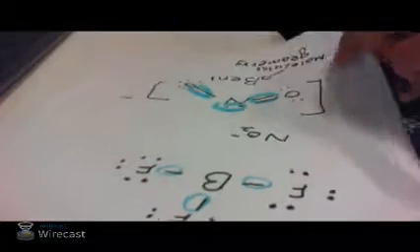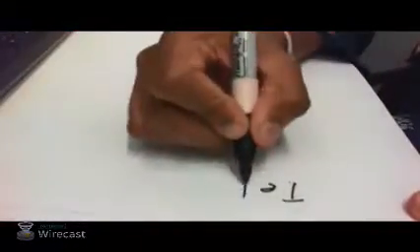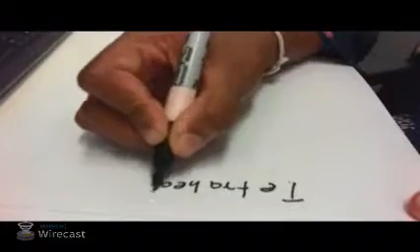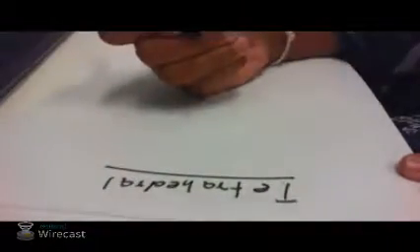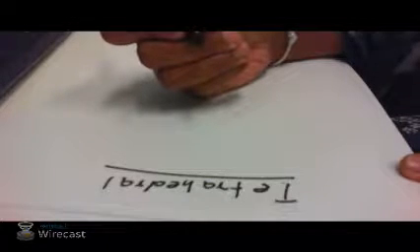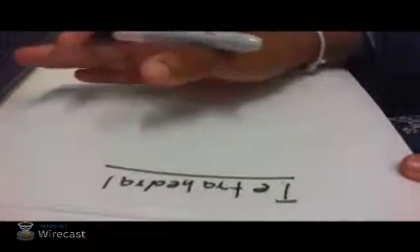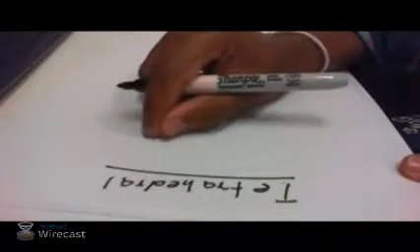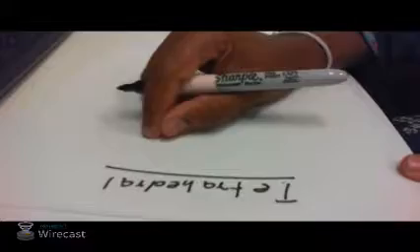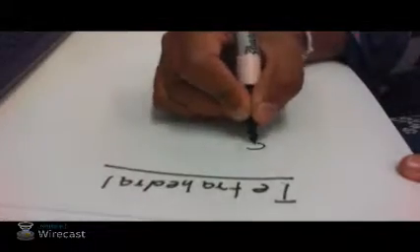Then we'll move to the tetrahedral geometry. Tetrahedral, four electron groups around the central atom, all bonding. Molecular geometry and electron geometry are both tetrahedral. Example CH4.